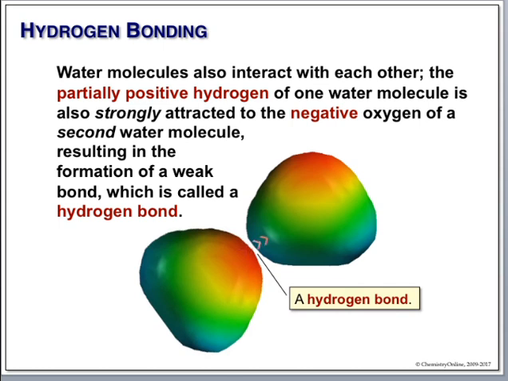And when it does, it forms a bond, a weak bond. We call this a hydrogen bond. It's about 5% of the strength of a covalent bond, but still, as we'll see, it's really quite real.